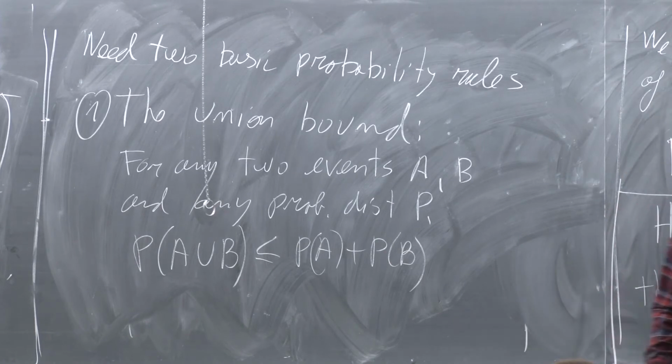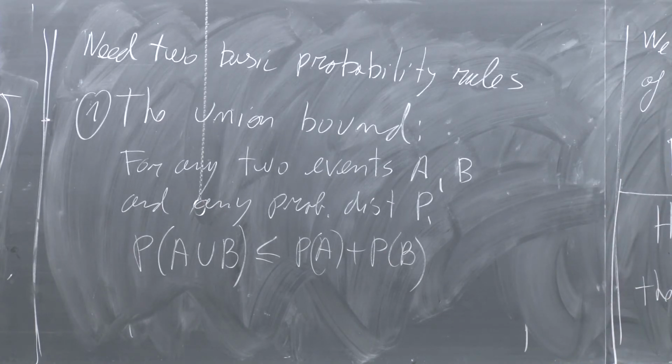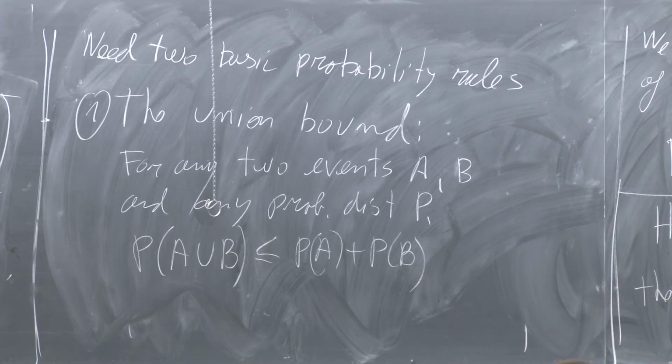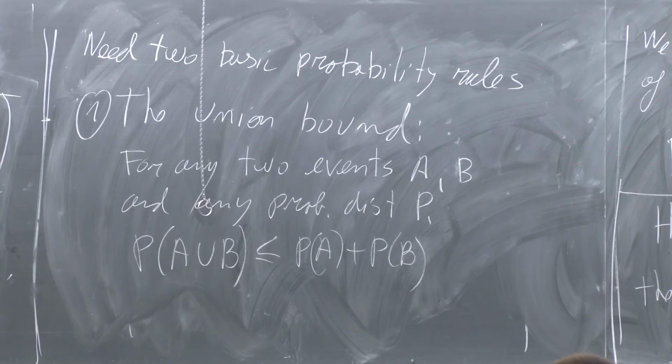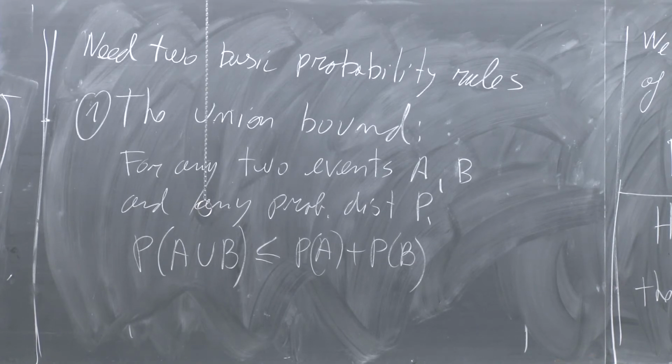The probability of hitting a union of sets is at most the sum of the probabilities of hitting each of those sets.